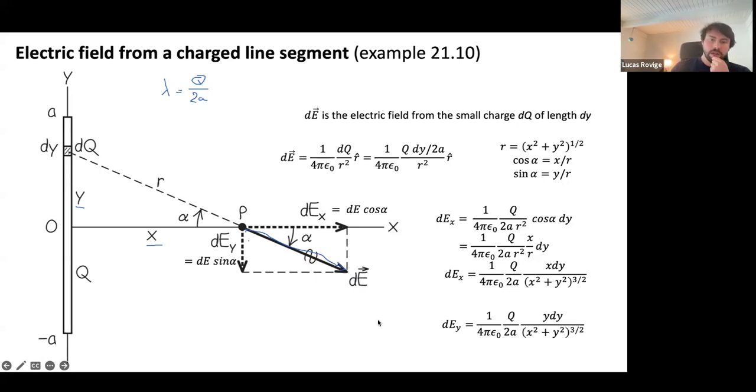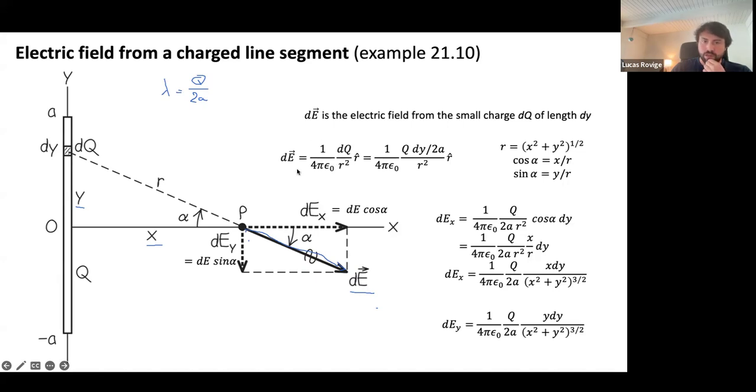So let's get started by getting the value of the small electric field created by this small charge, so dE. It's a small element, so we can consider it a point charge. And so we can apply the electric field formula for a point charge that we learned.